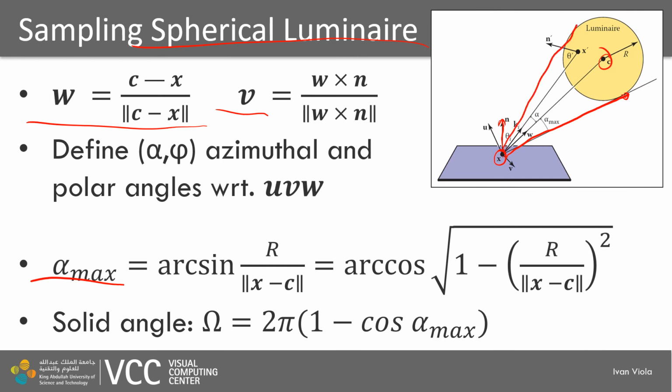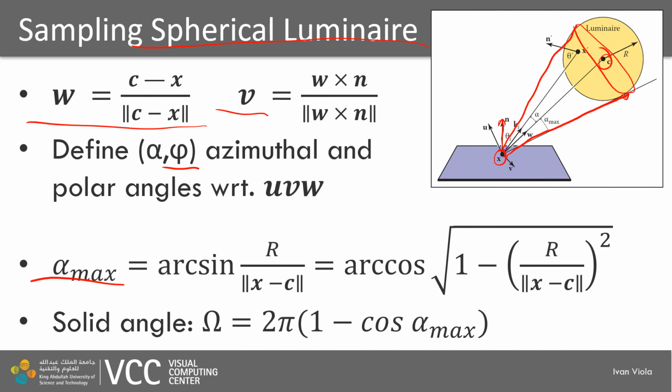And then we have the second angle, which is phi, the azimuthal angle. We need to first, therefore, calculate the solid angle component of the alpha. And then we calculate the solid angle itself, which we want to then uniformly sample.